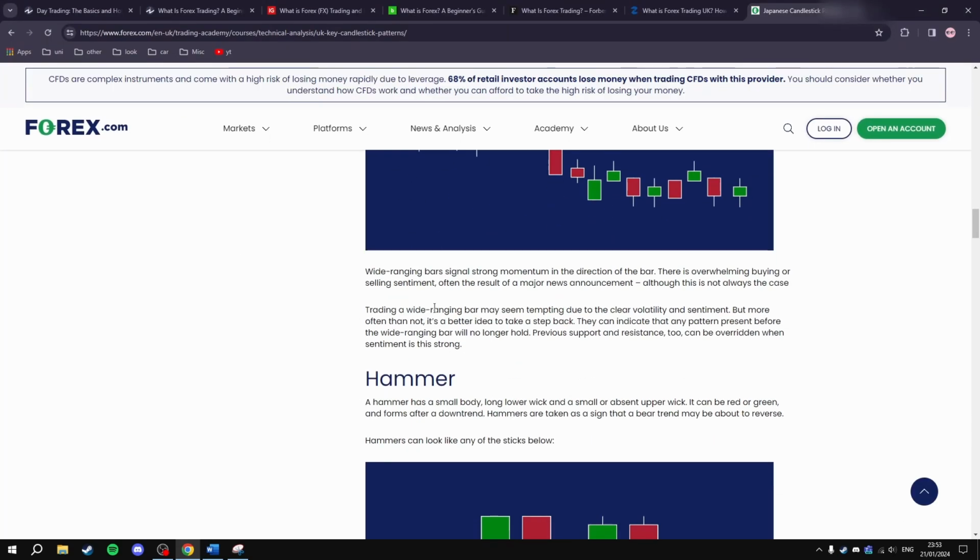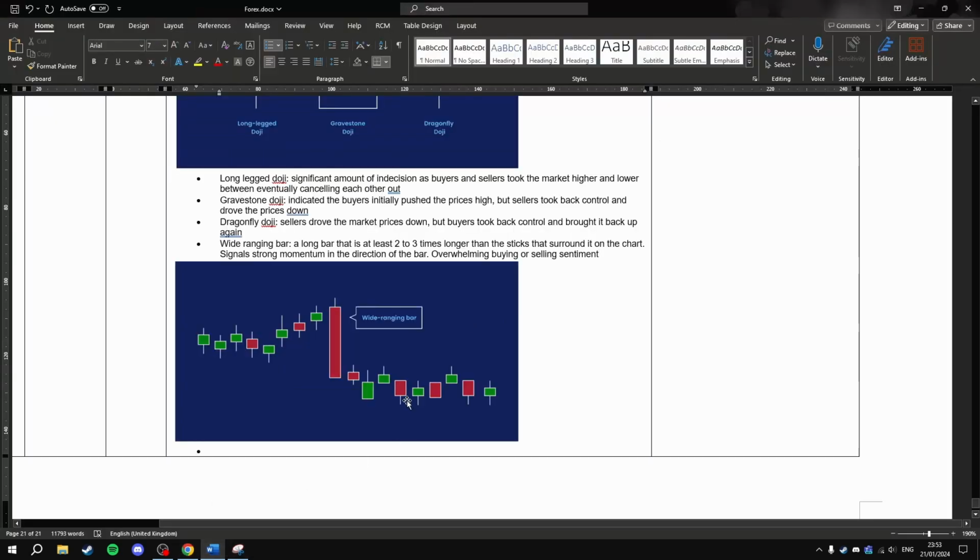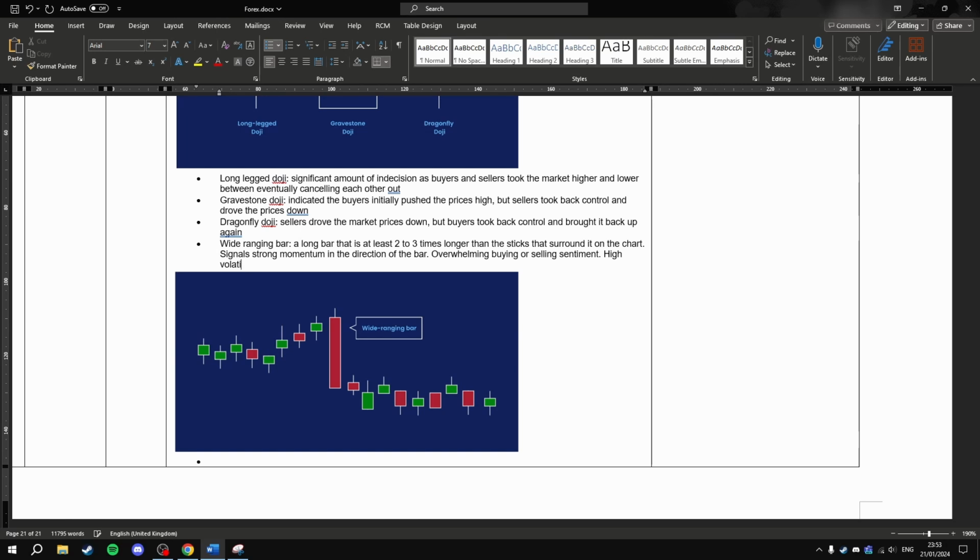Trading a wide-ranging bar may seem tempting due to the clear volatility and sentiment, but more often than not, it's a better idea to take a step back. Okay, so high volatility.